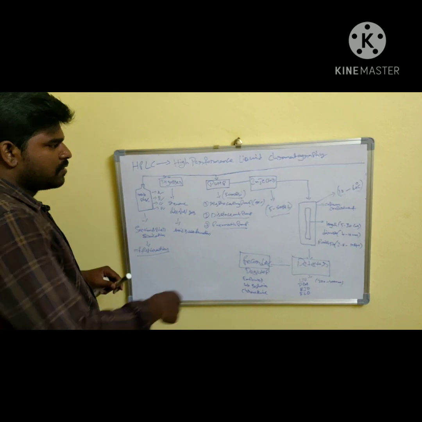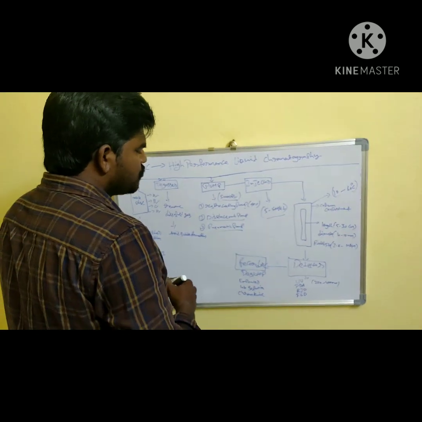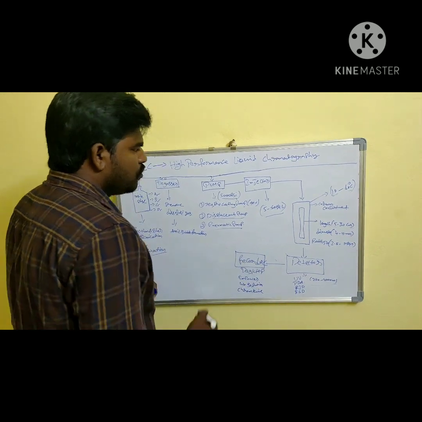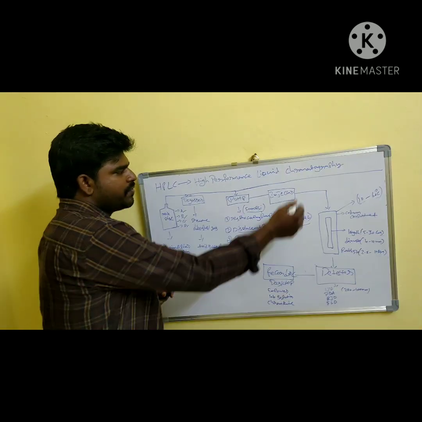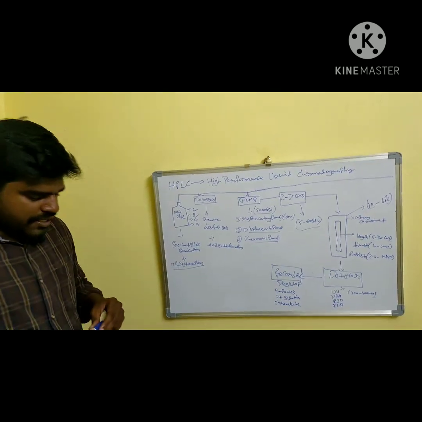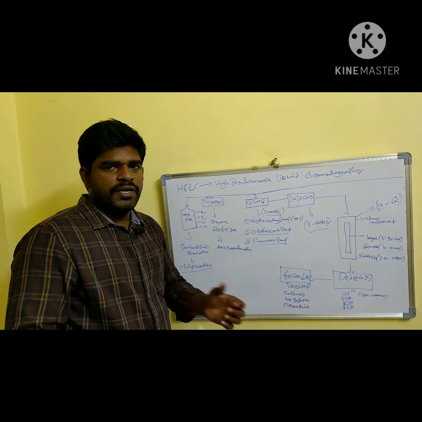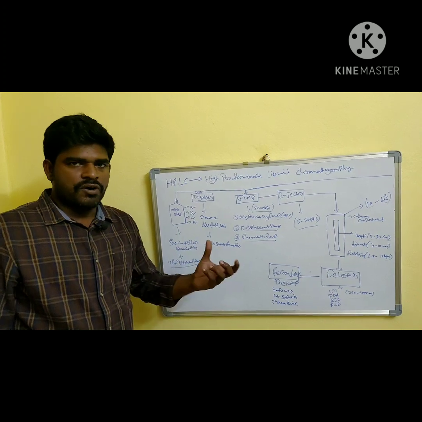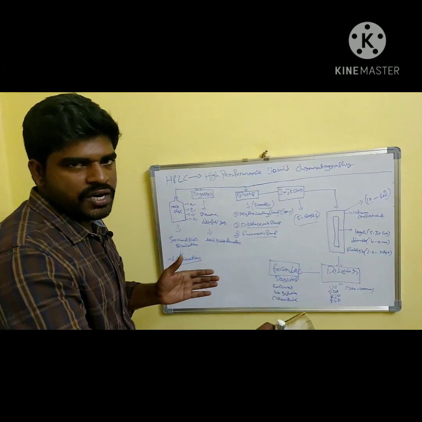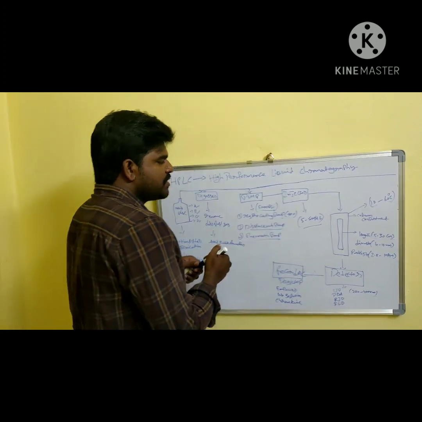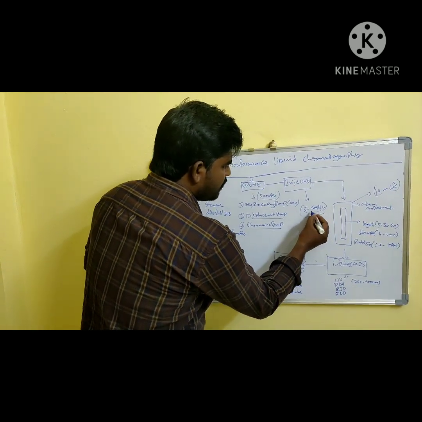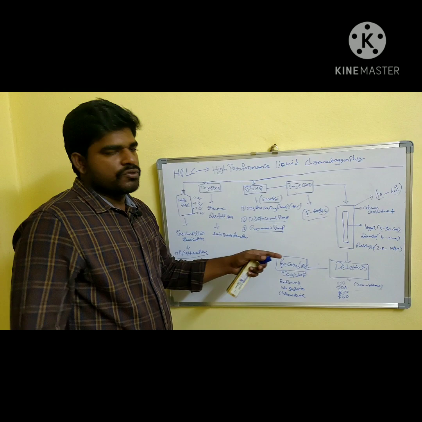After the pump, the line reaches the injector. What is the role of the injector? The injector's role is to inject the sample into the HPLC. Whenever we need to separate a mixture of components into individual components, we need to inject the sample. It requires a sample volume from 5 microliters to 500 microliters, and we can use anything in between.